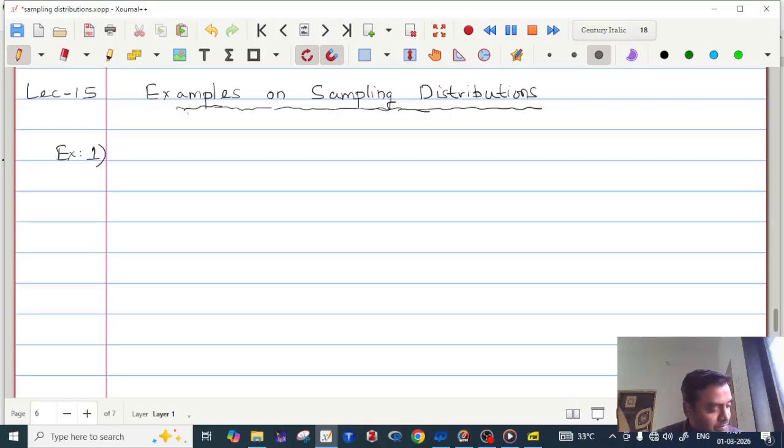Let's take the first example. Let X1 and X2 be two independent normal 0, 1 variates.